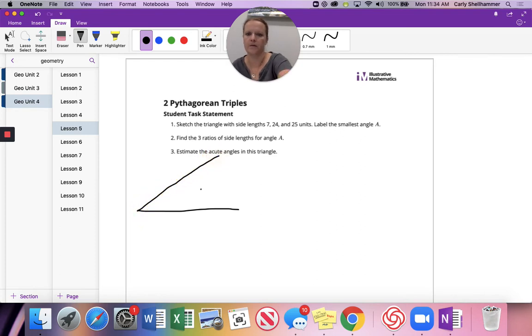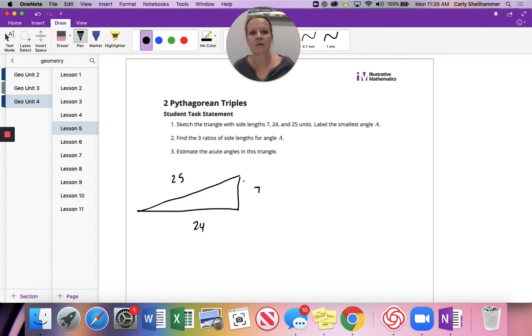So 24, 25, and 7. Here's a clue. The hypotenuse is always going to be your longest side. Always. You've got short leg, long leg, hypotenuse. Hypotenuse is always the biggest.